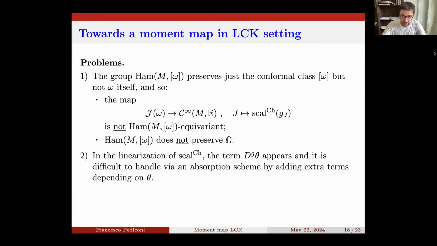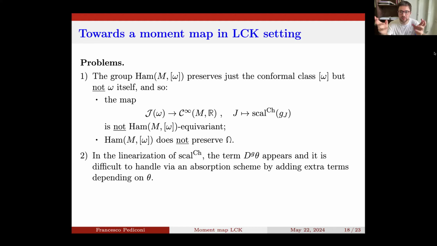And not only that, we also faced another problem, and in particular when we linearized the Chern scalar curvature, well, actually we found a term that is the covariant derivative of the Lee form, and it seemed to us that it is not possible to handle this term by using a standard absorption scheme.